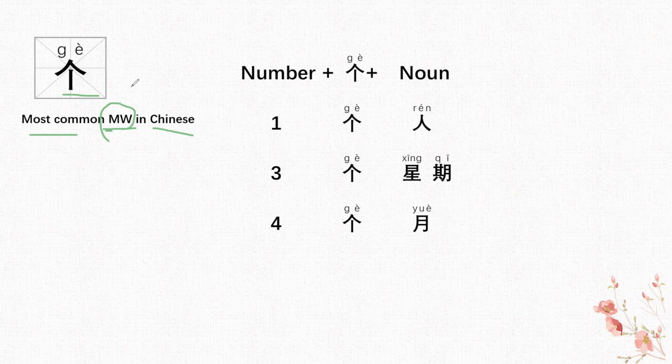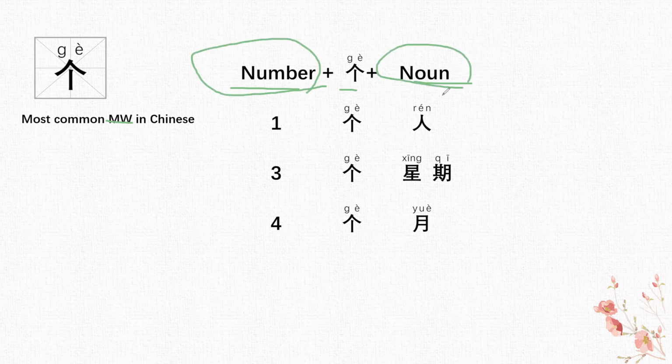So why do we mention this measure word? Because if you want to say 1 cup of coffee, 2 cups of coffee, in Chinese, you need number plus measuring word plus noun. You cannot only say number and noun, like I say 1 coffee. That maybe works in English, in Chinese, no. We will use the measure word 个 here, okay?